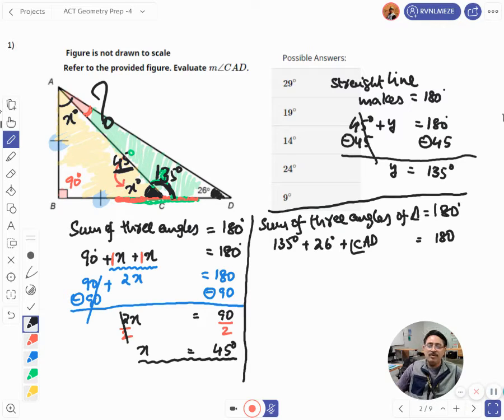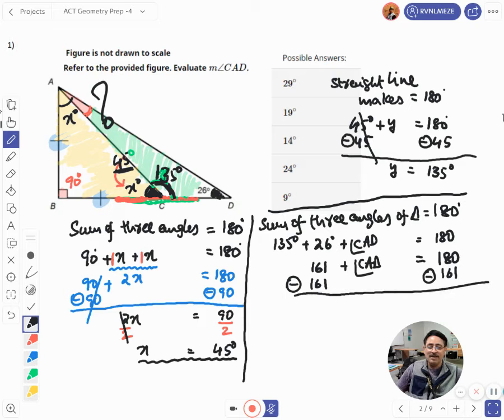So 135 and 26 gives me 161 degrees, plus CAD is 180. Take away 161 to isolate angle CAD. After the cancellation, you get 19 degrees. Yes, it is 19 degrees. That's the value of angle CAD.